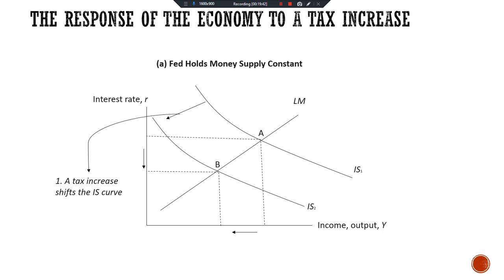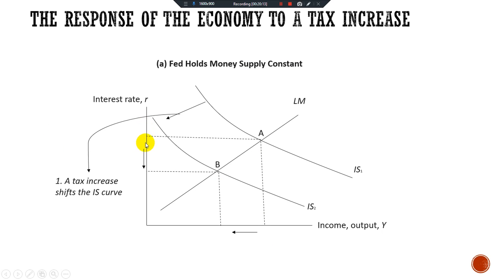So this part shows that when the central bank holds the money supply constant, the tax increase shifts the IS curve leftward or downward. Income falls from Y1 to Y2 because higher taxes reduce consumer spending, and the interest rate also falls.